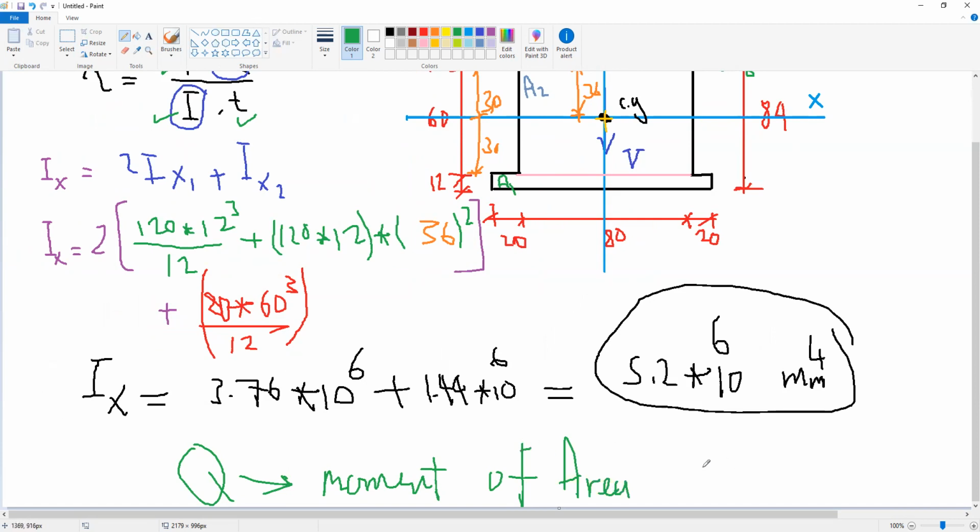What does this mean? It means that Q at any section equals the area times the distance from the CG of this area to the section.